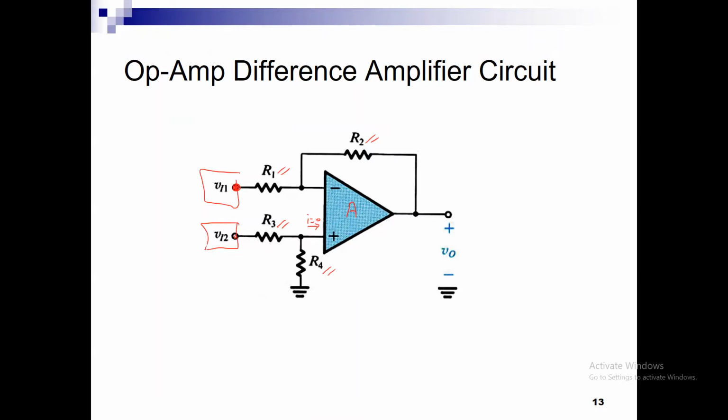Now my objective is to find the gain as A1 times VI1 plus A2 times VI2, and we are going to do it by superposition. By superposition, this means I deactivate one of the inputs at a time and keep one alive. Okay, so let us see how we can do that.